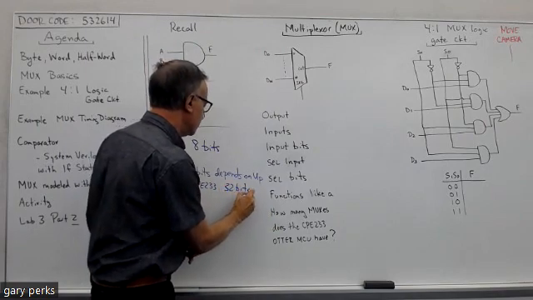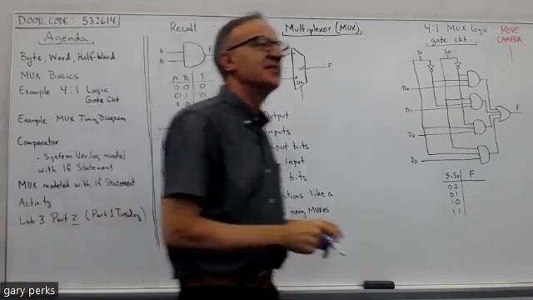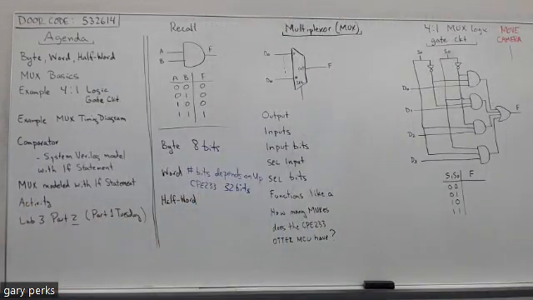When you take that class, you'll be dealing with words that are 32 bits. But again, it depends. If you have a microprocessor that's 16 bits, words would be 16 bits. Back in the old days, when I took this class, we had 8-bit microprocessors, so words were 8 bits.